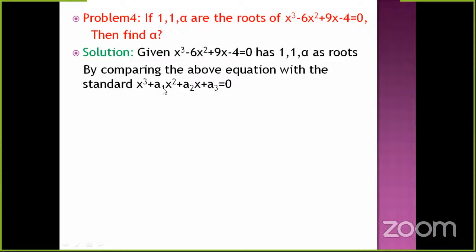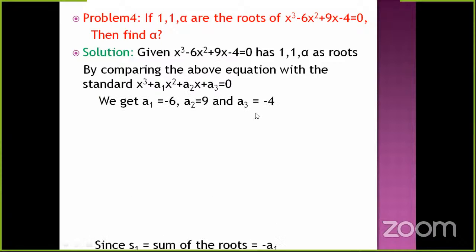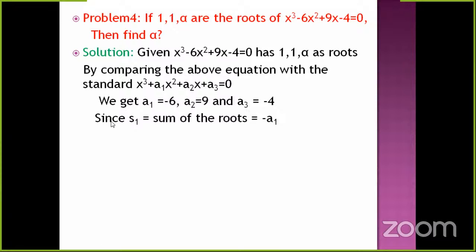standard cubic polynomial equation. So by comparing the given polynomial equation with the standard cubic polynomial equation, that is, if the leading coefficient is 1, then I will get the coefficient of x square, a1 equal to minus 6, a2 is equal to 9, and a3 equal to minus 4. Then since S1 is the sum of the roots, by formula S1, the sum of the roots, is equal to minus A1.